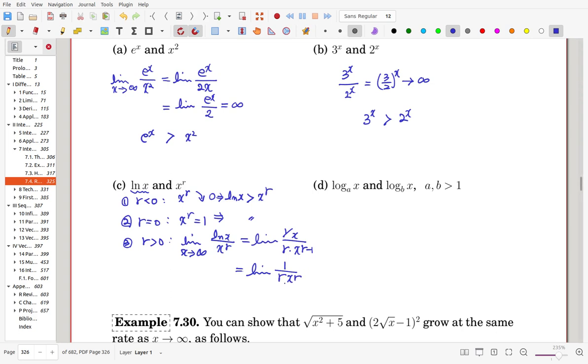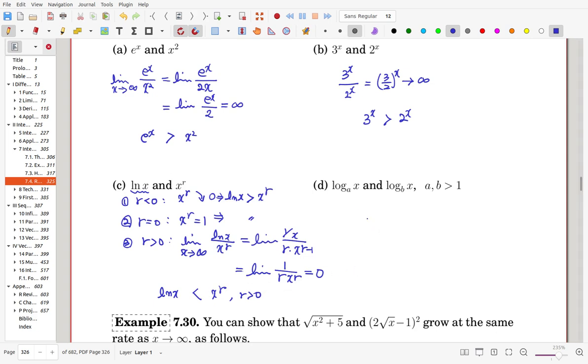R is positive and x approaches infinity, so that will approach 0. So if we compare logarithm x and x to the r, then x to the r is growing faster than logarithm x once r is positive. Even with very small r, x to the r is growing faster.